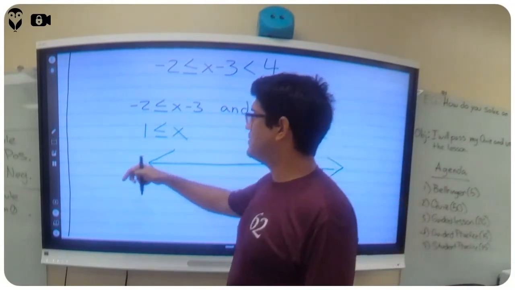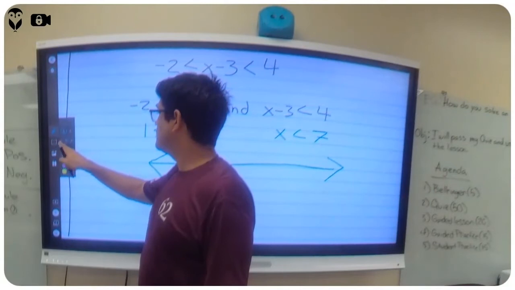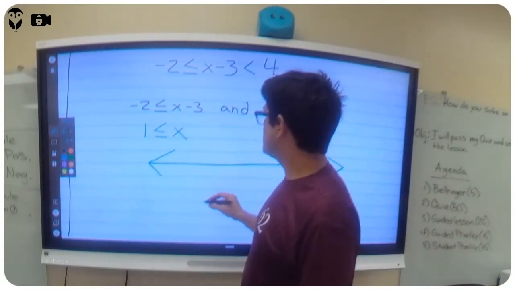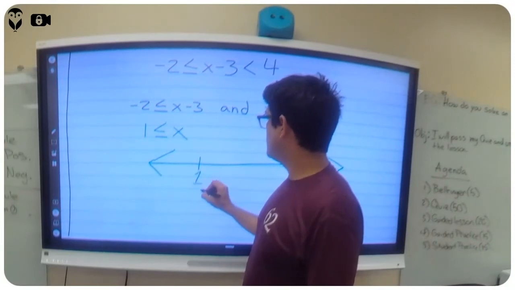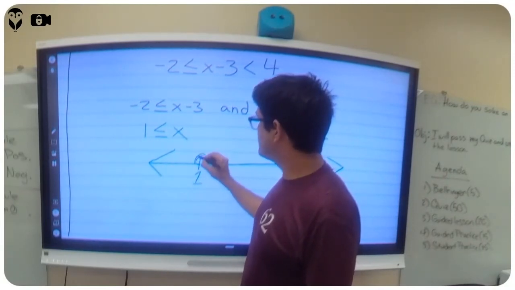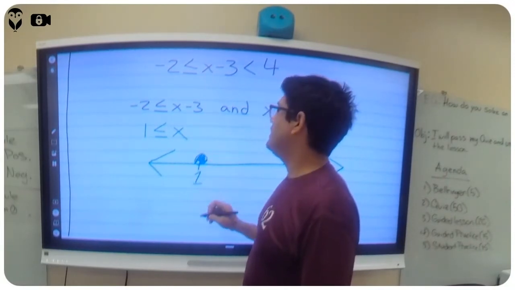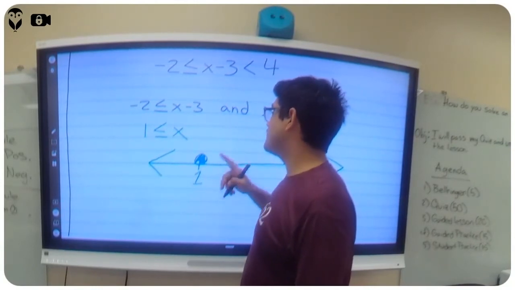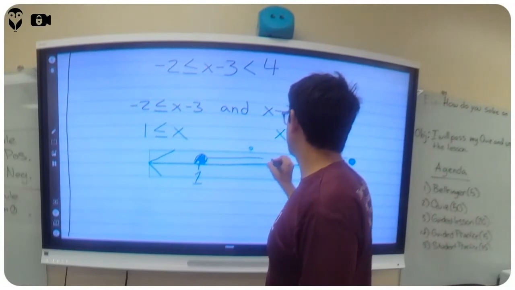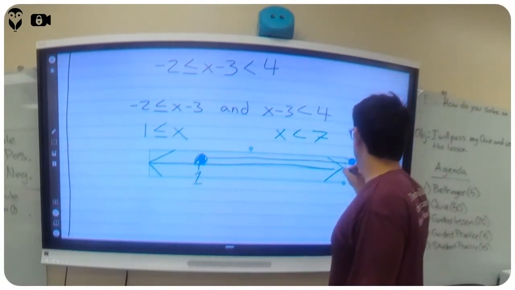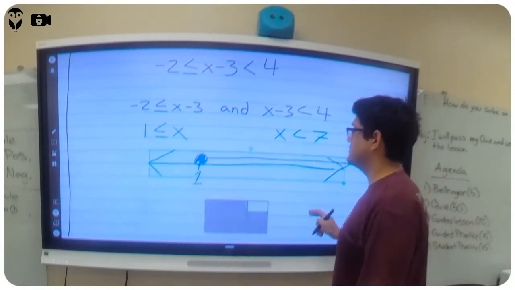So the blue one, I'll do in blue. Okay, so that's going to make 1. So I'll find 1, put it right here. 1, it's a filled in circle. And x is greater than 1, so it's going this way forever. Okay?